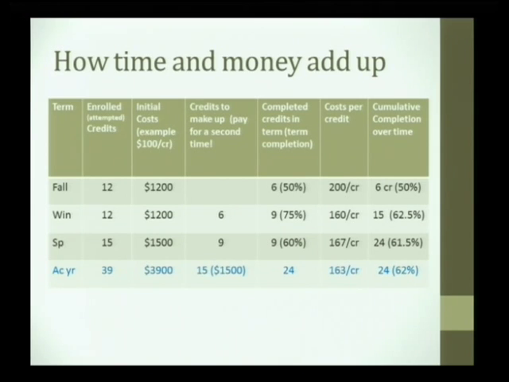This is a chart just to give you an example of how time and money really add up. First, there's the myth that some students have that you have to be going to school full-time, 12 credits or more, to get financial aid.